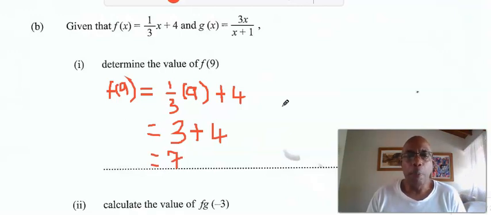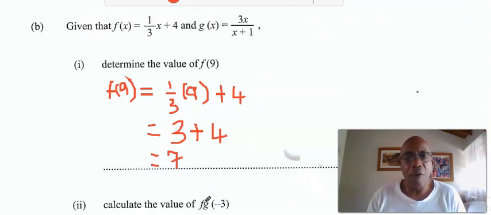Let's move on to part 2, which says to calculate the value of f of g of -3. Now this is what we call composite functions, where we have a function f of another function g. Now remember, f of anything means you substitute that thing for x in f.